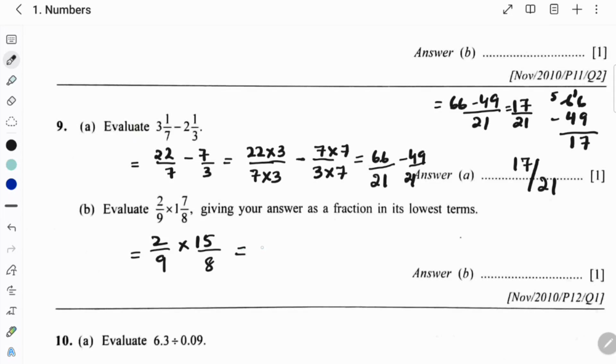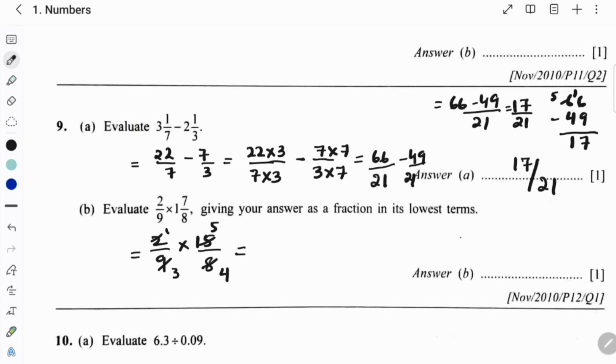So 2 times 15, or you can cancel these 15 and 9 with the 3 times table. So that is equal to 3 times 3 is 9 and 3 times 5 is 15. And 2 times 1 is 2 and 2 times 4 is 8.